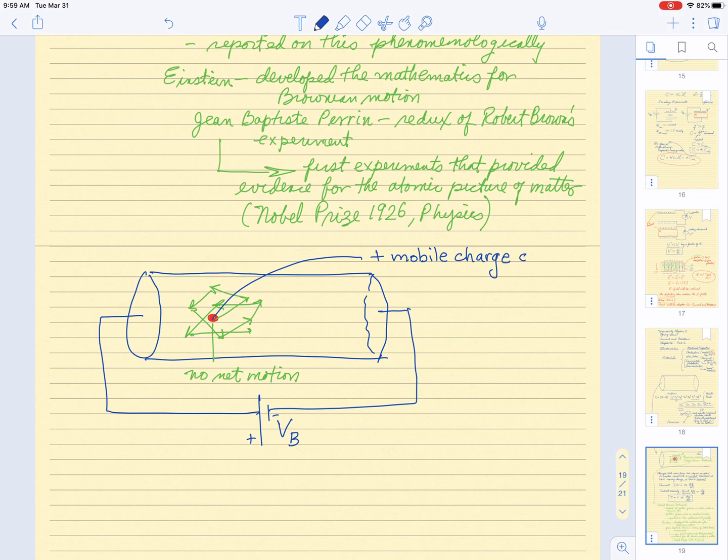So it's positive and it can freely move. And so we know, given what we talked about many times before, charge carriers want to move from a region of high electrical potential energy to low electrical potential energy. That's tantamount to moving from high electrical potential to low electrical potential.